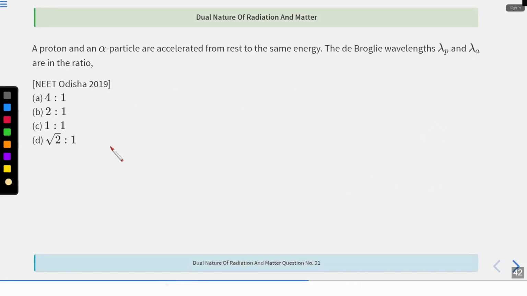A proton and an alpha particle are accelerated from the rest to the same energy. The de Broglie wavelengths lambda p and lambda a are in the ratio of. Okay, so we know that lambda is nothing but Planck's constant divided by momentum. Yes, so I can write this momentum to be nothing but root 2mK, where K is the kinetic energy.